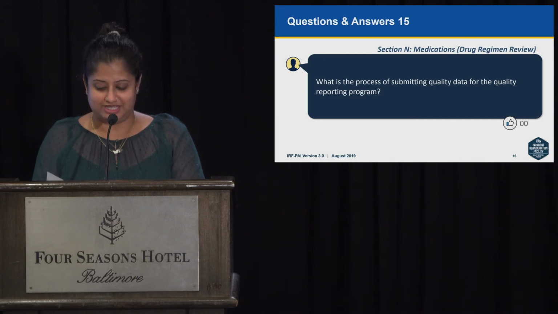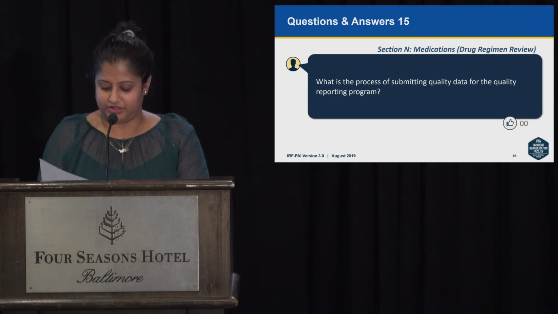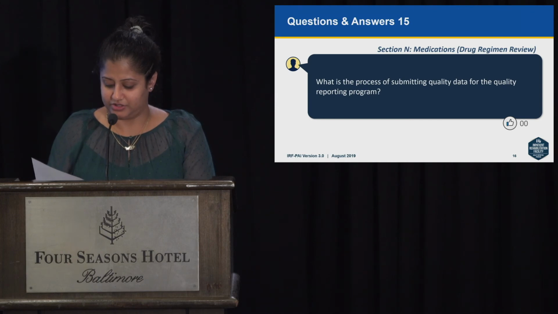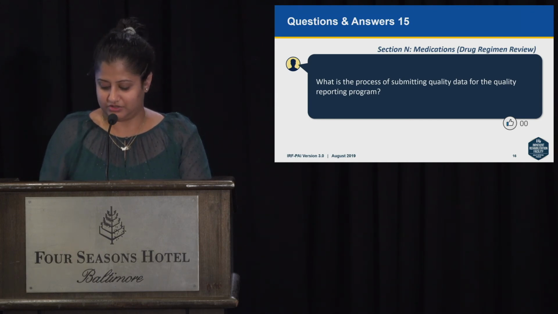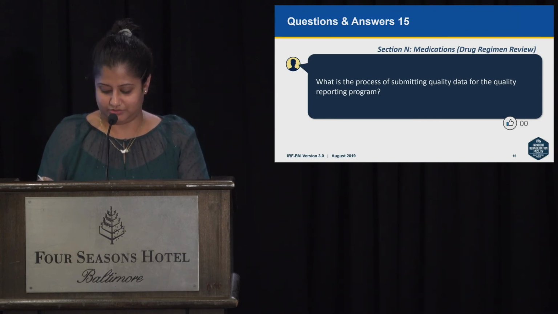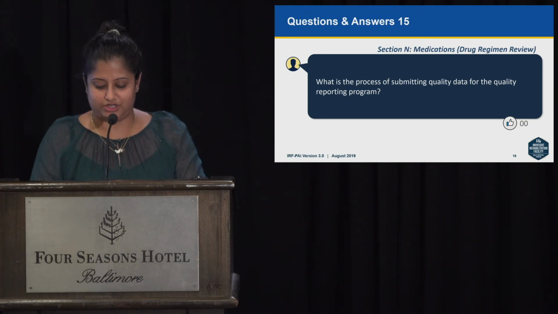IRFs must submit data no later than 11:59 p.m. Pacific Standard Time, the day of the submission deadline. The IRF-PAI must be transmitted to CMS using the Assessment Submission and Processing System to the Quality Improvement Evaluation System. Data for the National Healthcare Safety Network measures must be submitted to the Centers for Disease Control. No additional data submission is required for the claims-based measure.